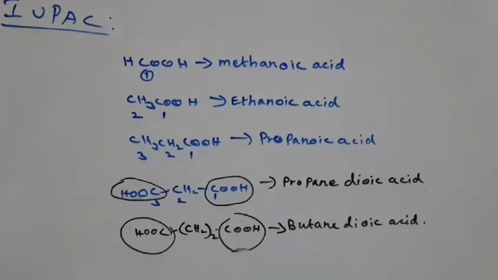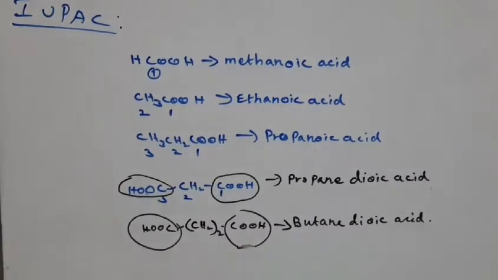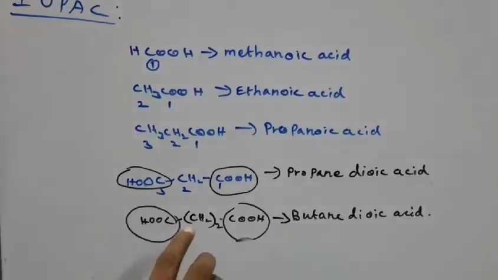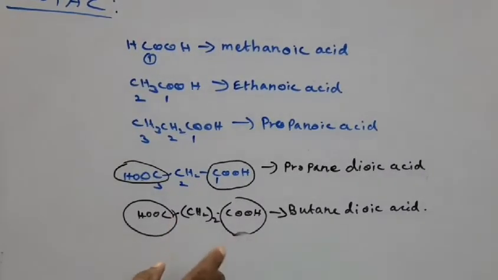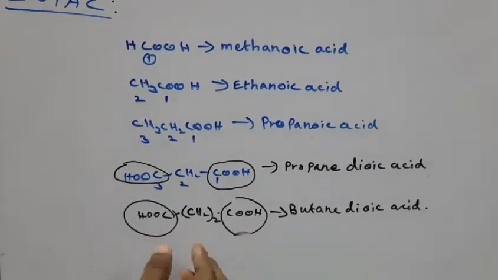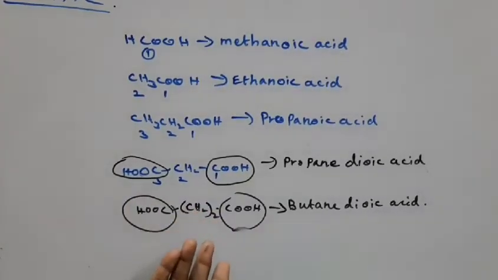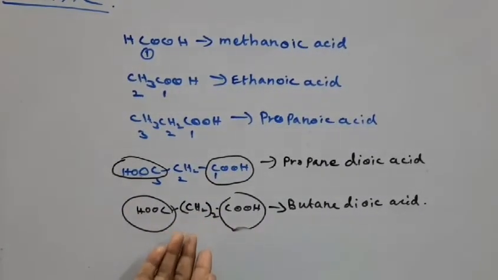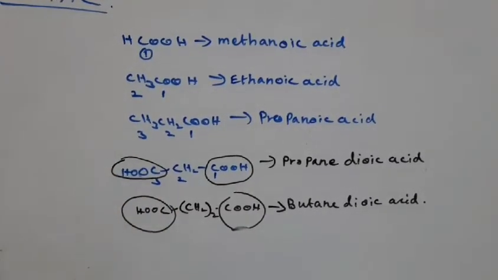So the number of carboxylic acid groups present in the alkyl group, you also have to mention: di for two means dicarboxylic acid, and if three acid groups are present in a parent alkyl group, that is tricarboxylic acid. This is your IUPAC naming, very easy.